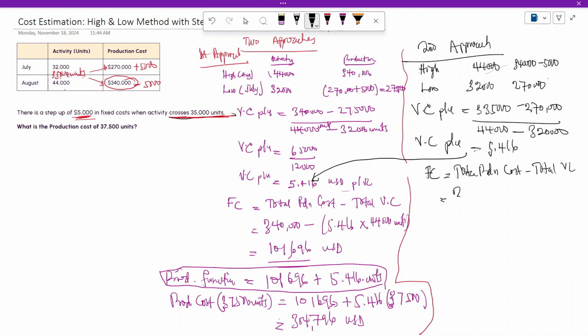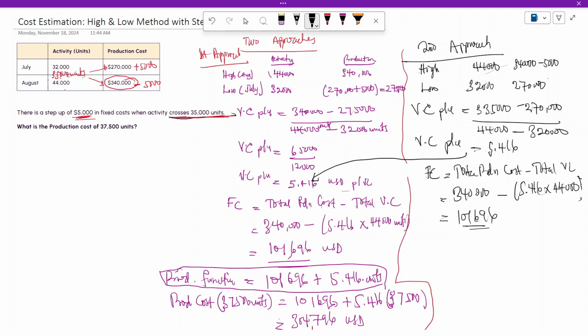So we are going to get 340,000 minus 5.416 times 44,000 units. And this is going to give us 101,696. So the fixed cost is this.